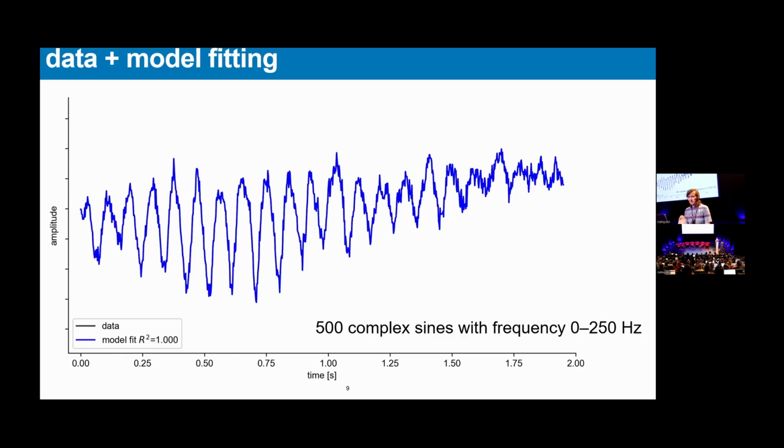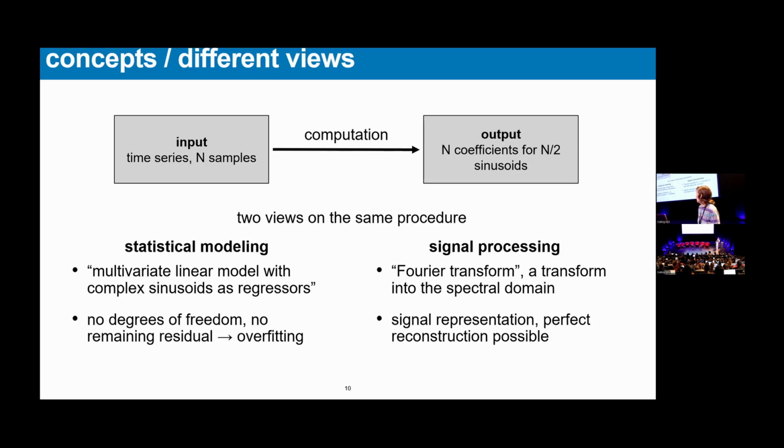Okay, is that a good approach to dealing with things? What I did was take my time series with some samples and use a lot of sines with specific coefficients to fit the data.